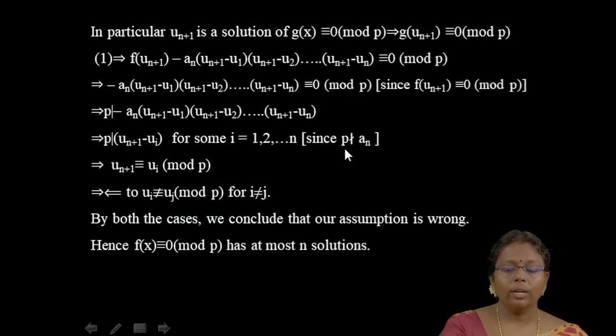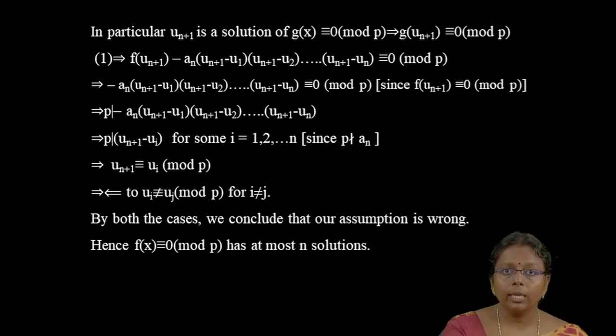Since p does not divide an, p should divide one of the factors u(n+1) minus ui, which implies u(n+1) ≡ ui mod p, a contradiction to the fact that ui is not congruent to uj mod p for i not equal to j.